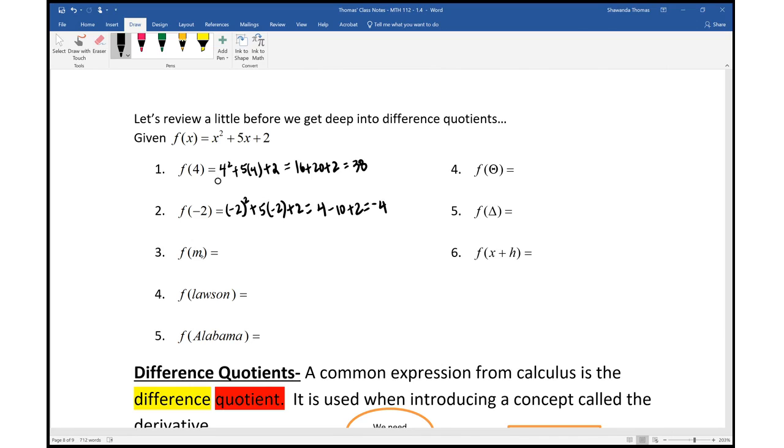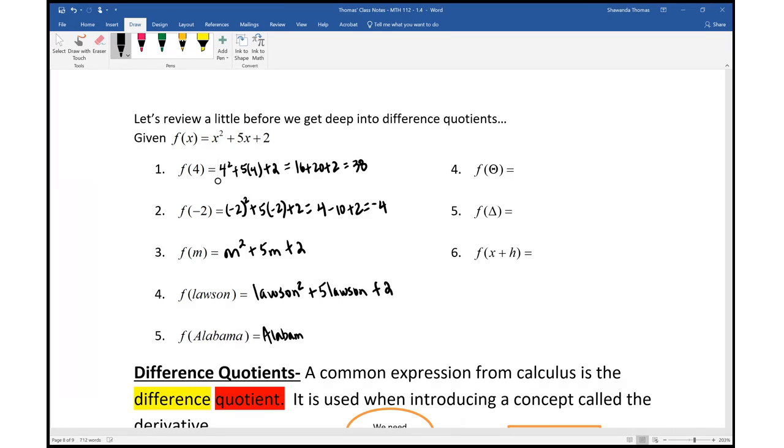What about m? My point here is all we're doing is replacing the x's with m's. So m squared plus 5m plus 2. What about Lawson? Lawson squared plus 5 times Lawson plus 2. What about Alabama?